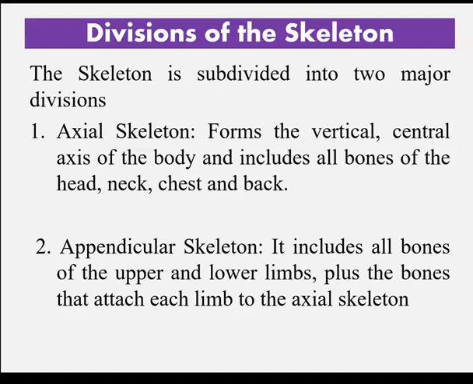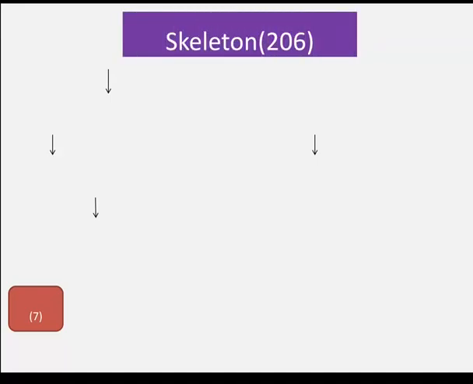Second division of skeleton is appendicular skeleton. It includes all bones of the upper and lower limbs plus the bones that attach each limb to the axial skeleton.